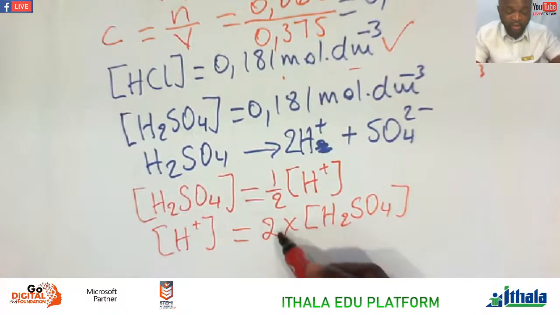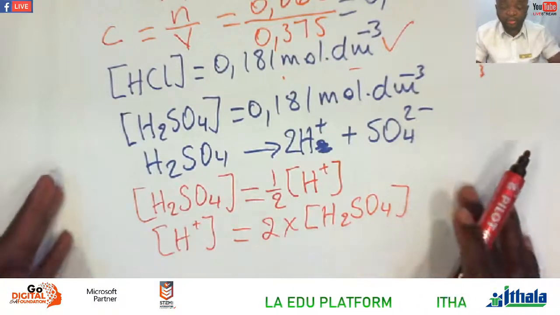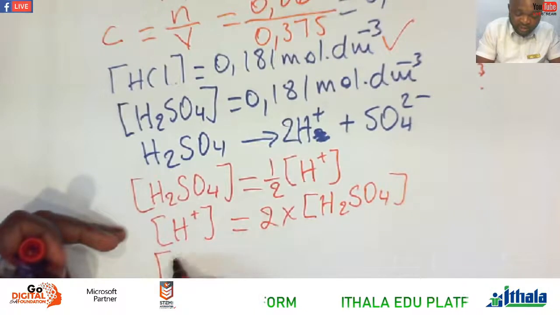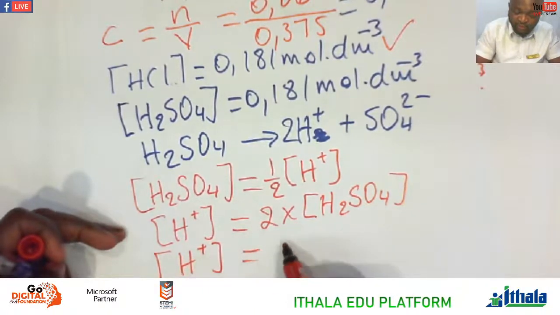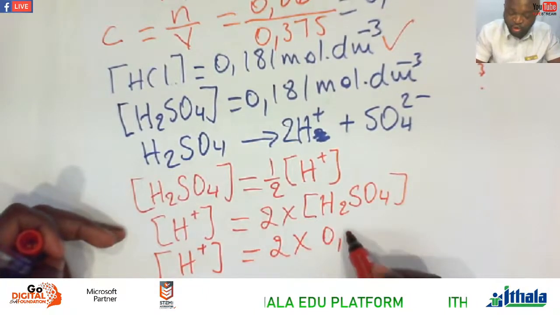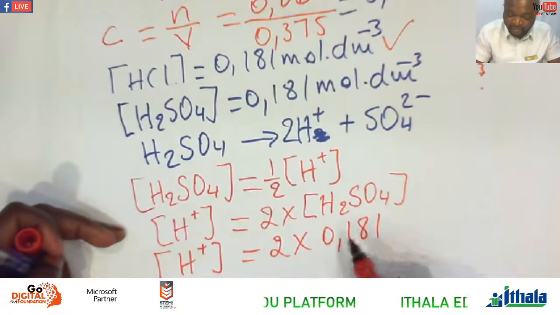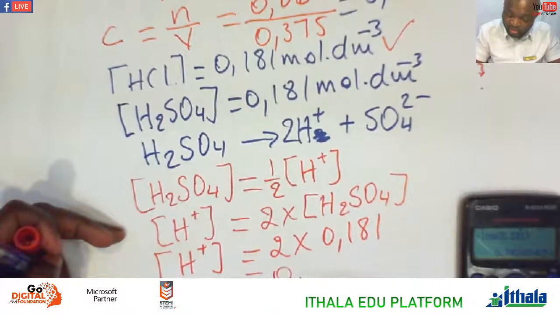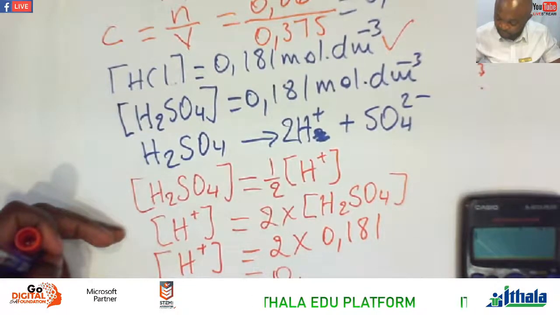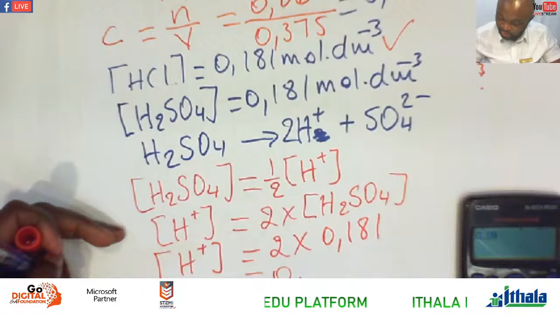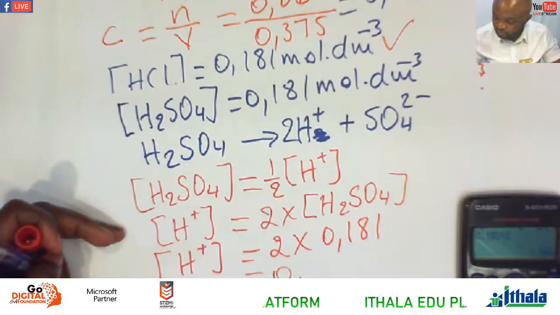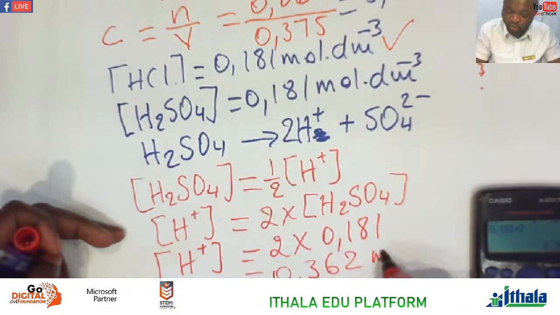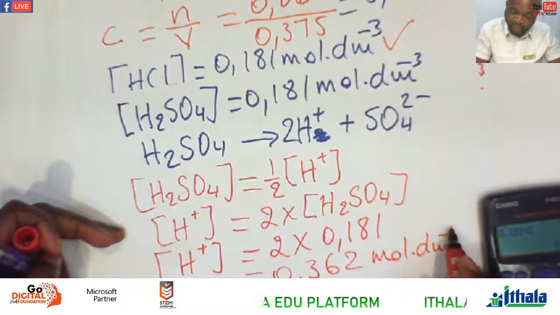Why senza kanjalo? Ngoba H2SO4 is what? A diprotic acid. Right? So therefore, i-concentration ka H plus esizoyisebenzisa will be what? 2 times 0,181. And that will give us what? 0,181 times 2. 0,362 mole per decimeter cube. Right?